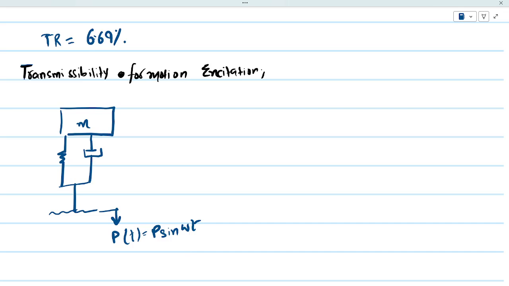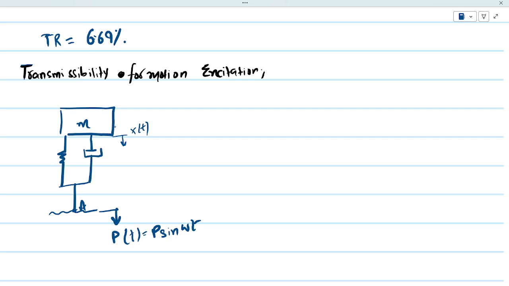So the motion p(t) at point A is actually the input to the system, and the vertical motion x(t) of the body is the output. So there's excitation coming from the base, and because of that there's some motion in the output.